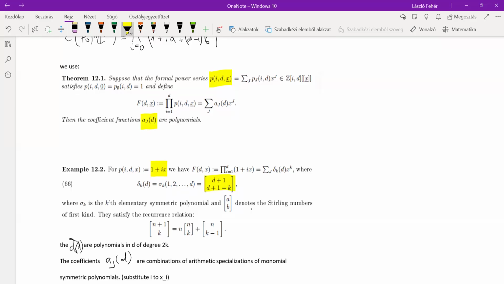I decided not to show you the exact formula because it's super complicated, but the structure itself is not very complicated. You collect different coefficients of this polynomial P and you multiply it with these arithmetic specializations. And since the monomial symmetric polynomials can be expressed in terms of the elementary symmetric polynomials, you can immediately see an expression in Stirling numbers.